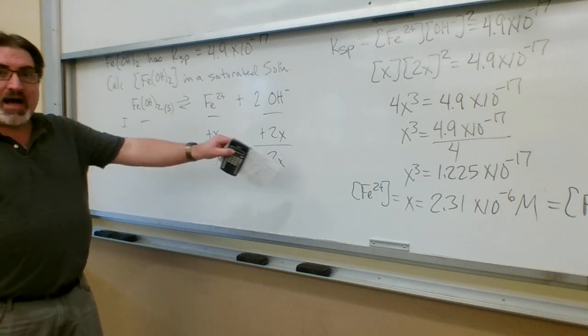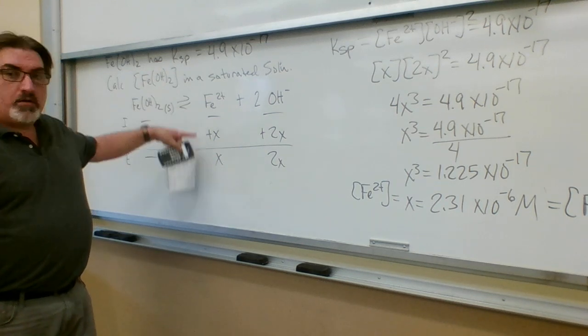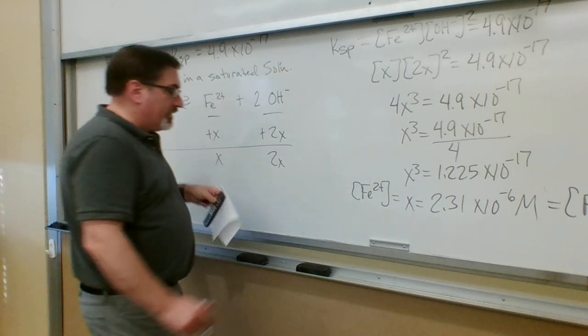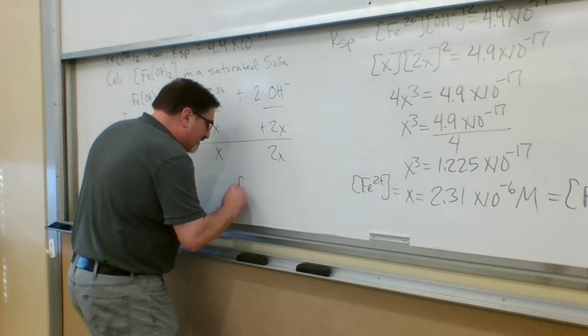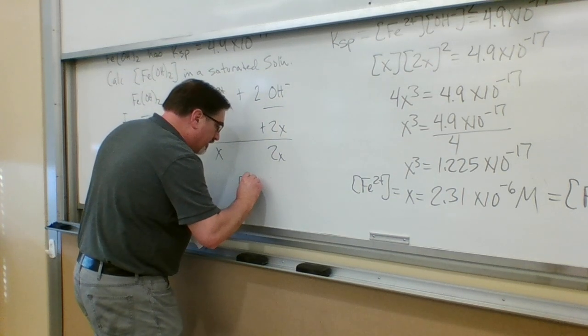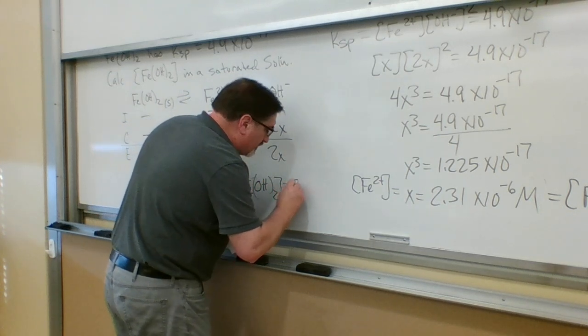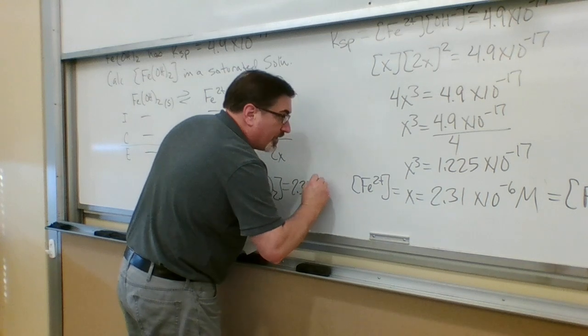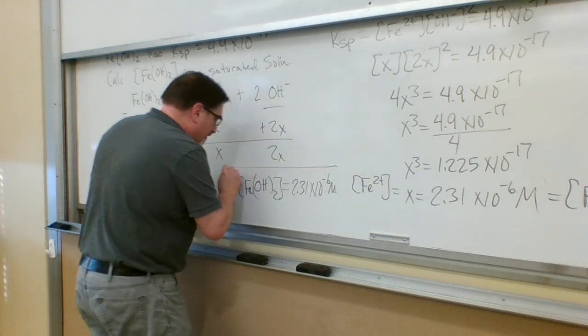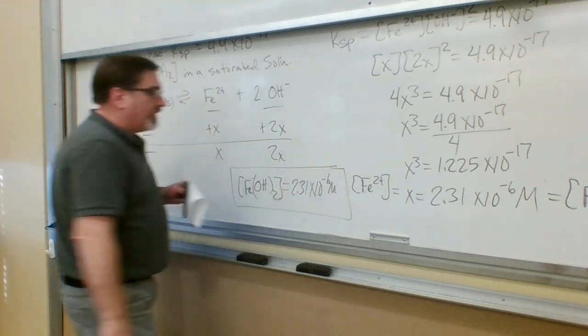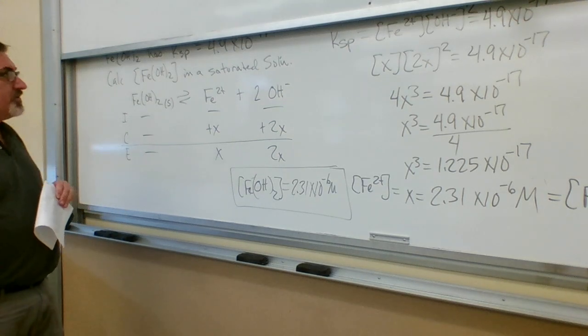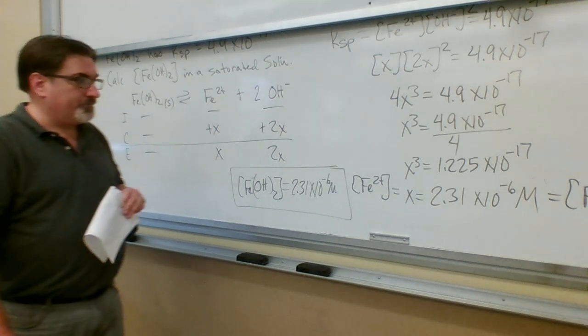And since there's one iron ion per Fe(OH)2 formula unit, that means that the concentration of Fe(OH)2 equals 2.31 times 10 to the minus 6 molar. That is the molar solubility of iron(II) hydroxide in that solution.